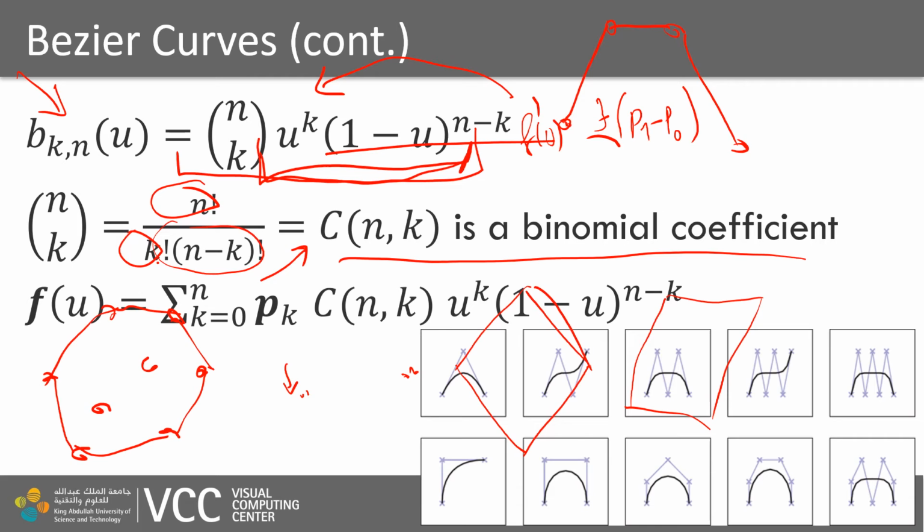So with this formula, this is now a generic formula for the Bezier curves, which can be of arbitrary degree.